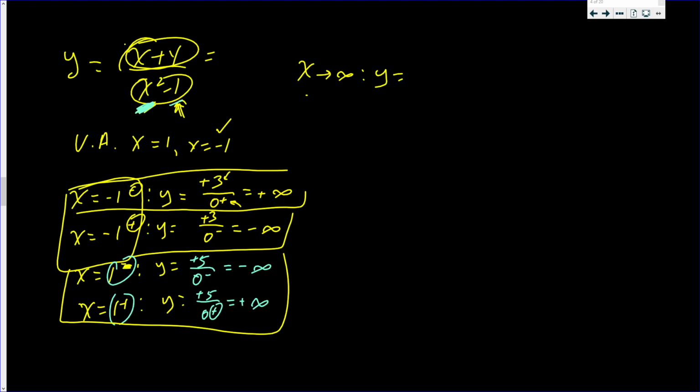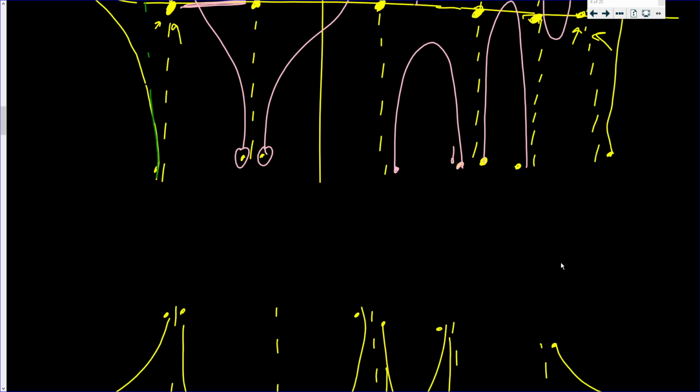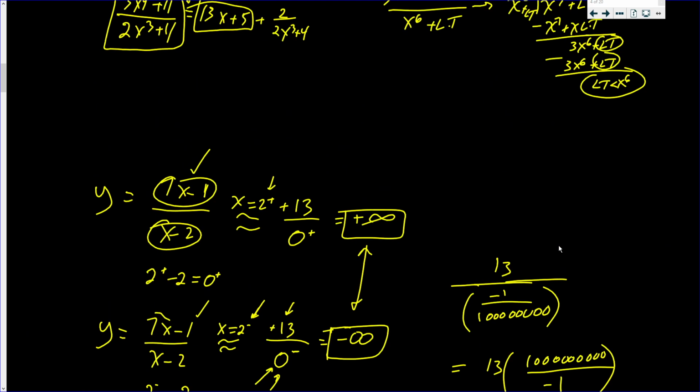Well, as I told you, if the degree of the top is smaller than the degree of the bottom, then the horizontal asymptote is 0. That was up here, the Bible for horizontal asymptotes.